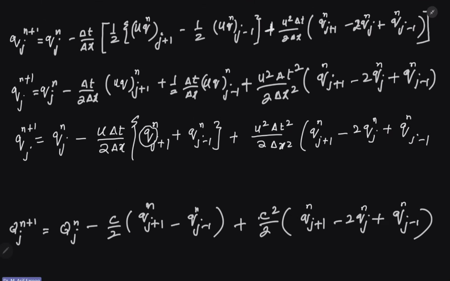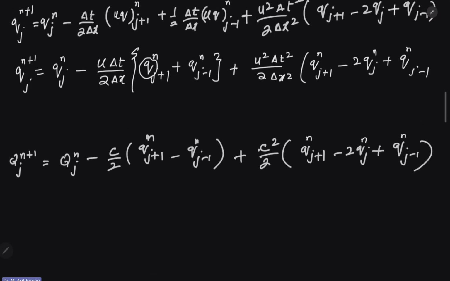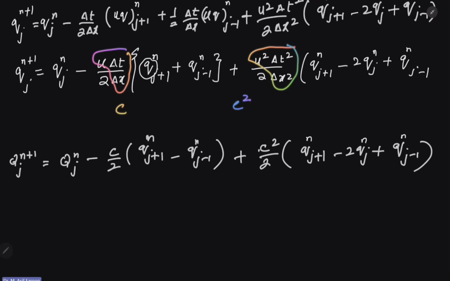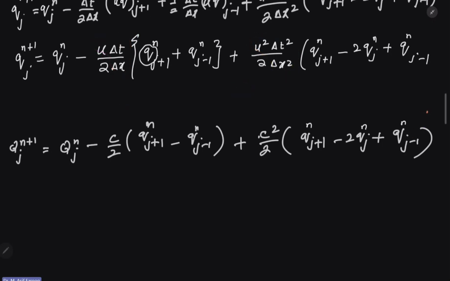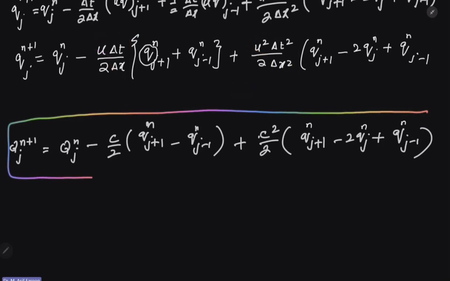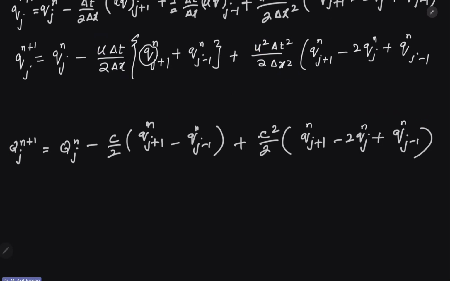So what we have is a very famous number which is called the Courant number. So it becomes c square, and this is also the Courant number, which is c. So that's what is required over here. The only thing that we need to do is to replace this capital Q, and it becomes q n j. So this is our numerical method.